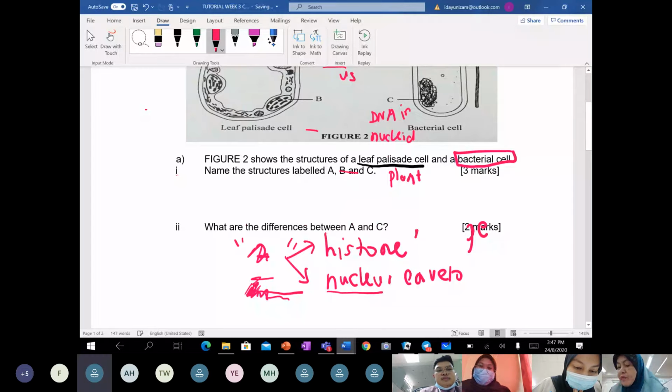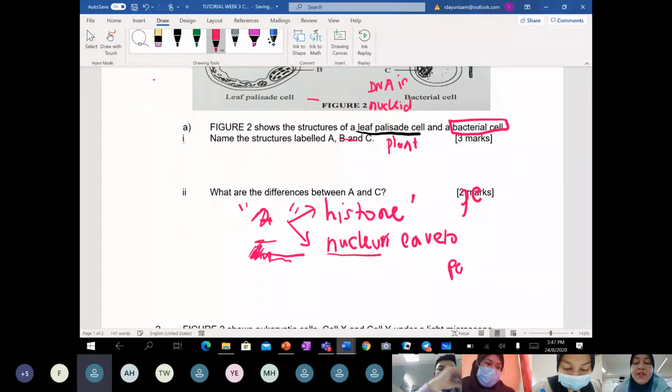Now next, how about the nuclear envelope? How to differentiate in terms of nuclear envelope?